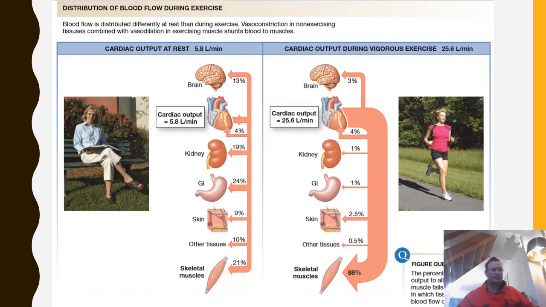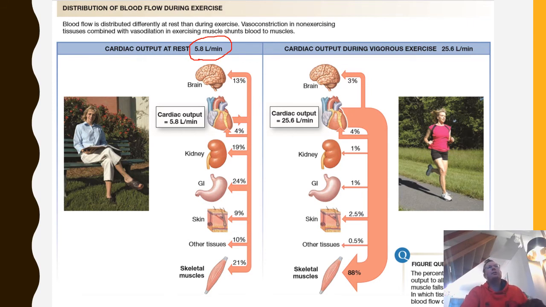So here is a nice picture that shows the varying blood flow at rest and during vigorous exercise. Here we've got cardiac output at rest, just under 6 litres.